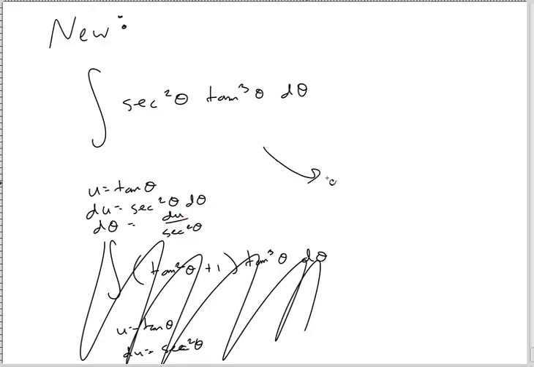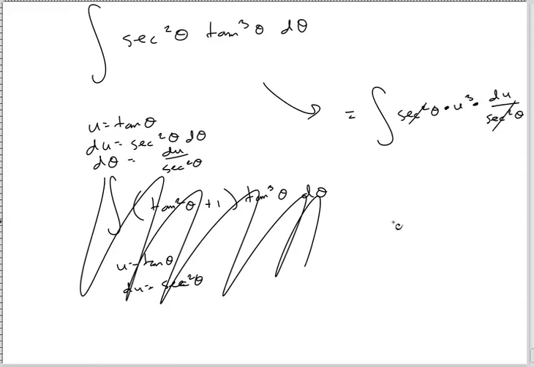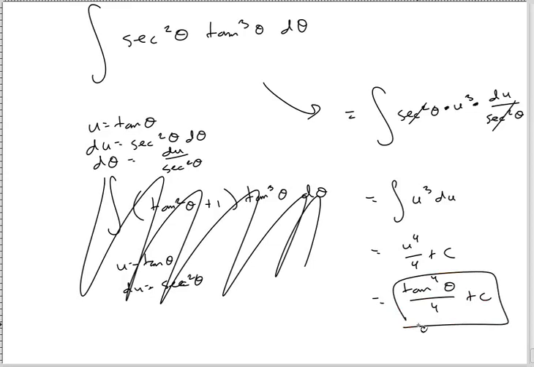And so I can rewrite this now as secant squared u cubed and then du over secant squared. The secant squareds cancel, and we're left with this guy. Add 1 to the power, divide by the new power. And that the whole time was a tangent. And there you go. We did the entire problem in like 3 steps.